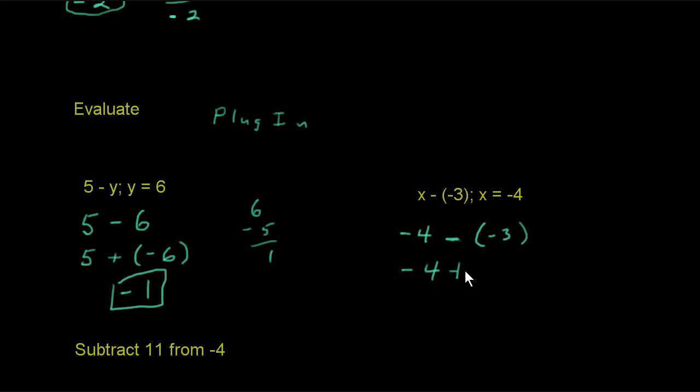So we'll rewrite this as -4 plus, now the opposite of -3 is +3. Another case where the signs are different, so that means take their difference. So 4 take away 3 is 1. We'll take the sign of the larger, and we get -1. Two problems in a row with the same answer.